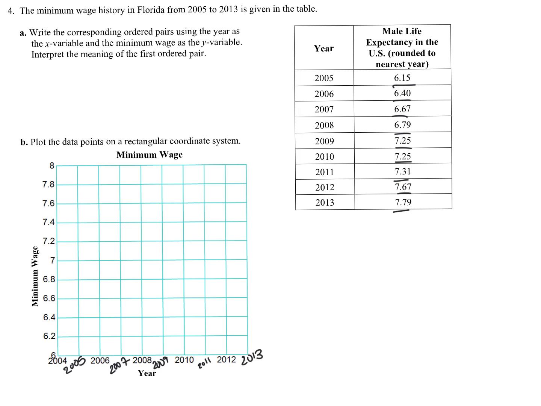That's going to help me a little bit. And then I'm going to go ahead and plot the best I can. So I'm going to start with 2005. I'm just turning these into ordered pairs. And then 6.15. Another way to think of this is that these are our X values. Let me highlight this. Hold on. So our X values are the years.